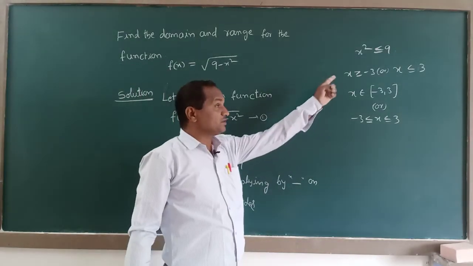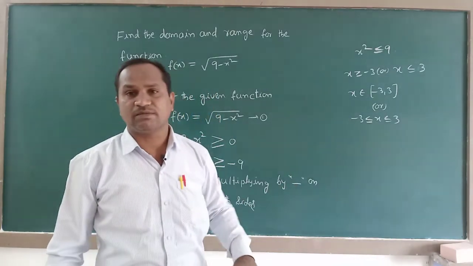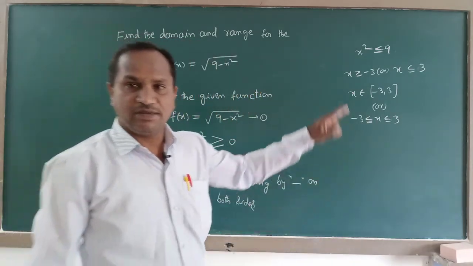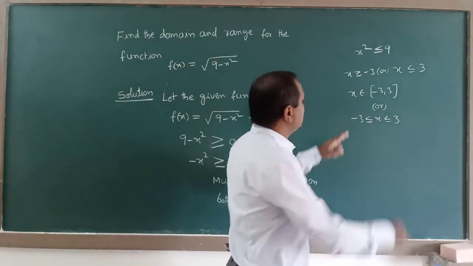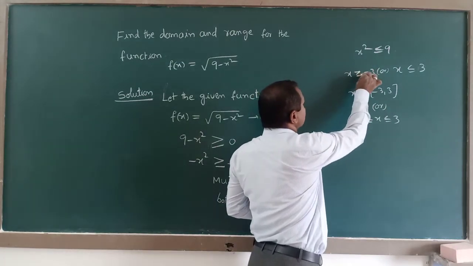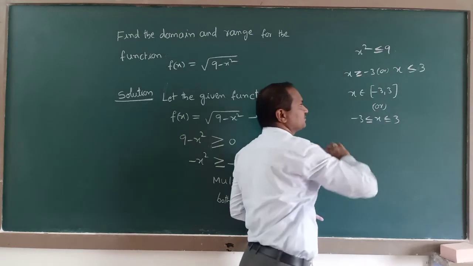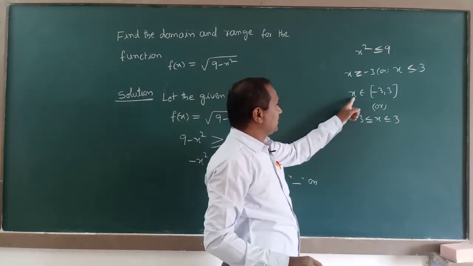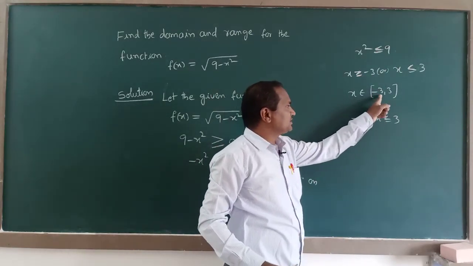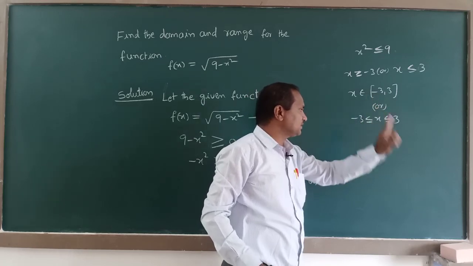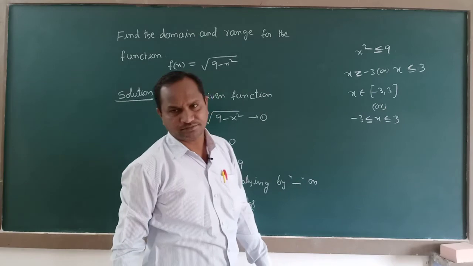For example, x square equal to 9 means x is plus or minus 3, but the inequality less than or equal to is there, so the value of x lies between minus 3 and plus 3.